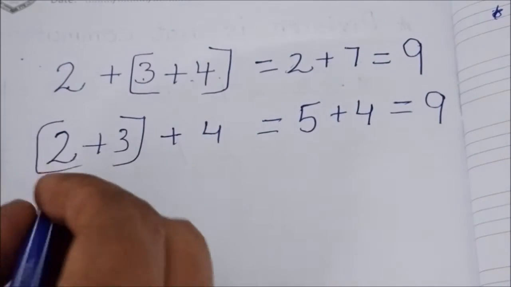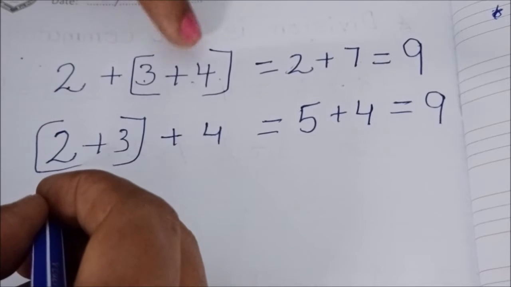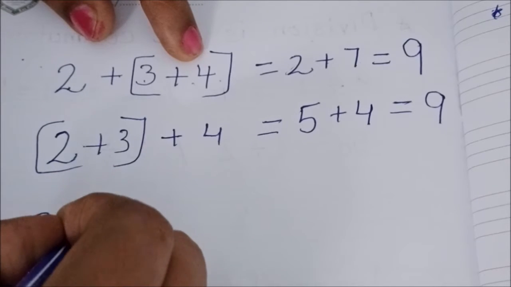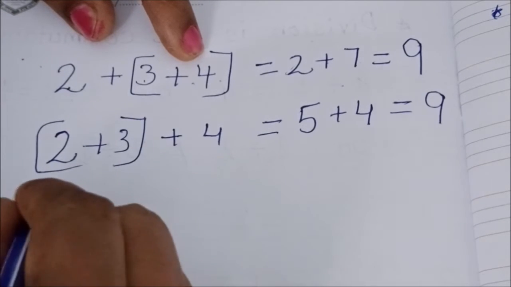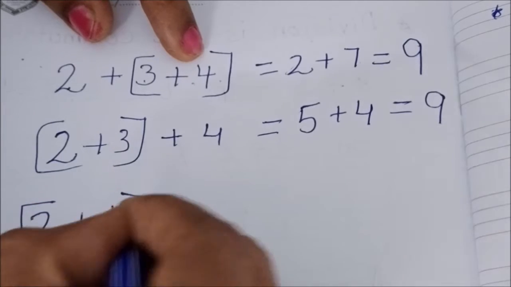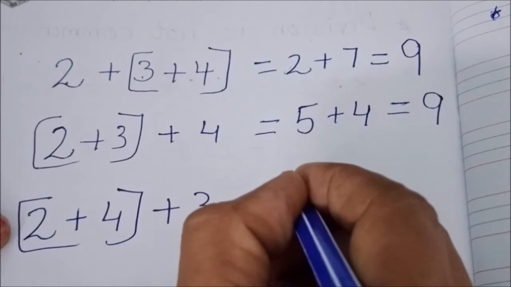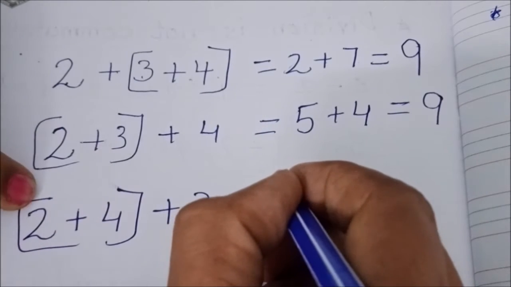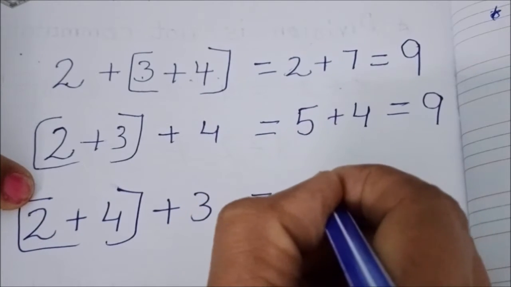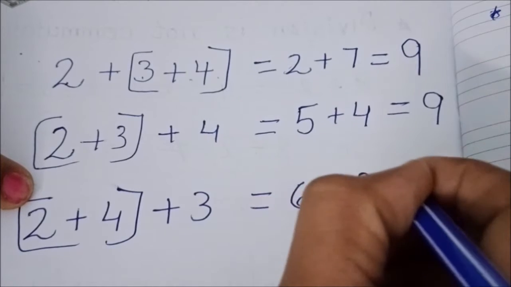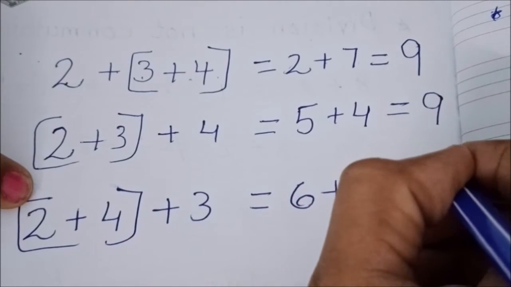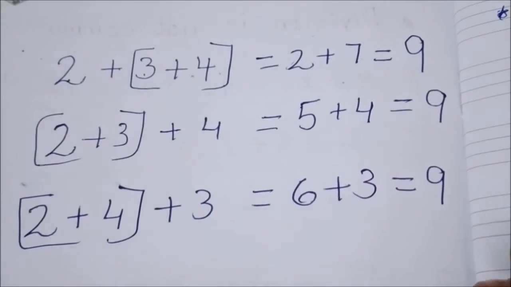Next, 2 and 4. 2 plus 4 plus 3 is equal to 2 plus 4 is 6, plus 3 is equal to 9.